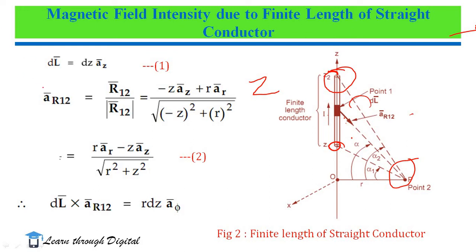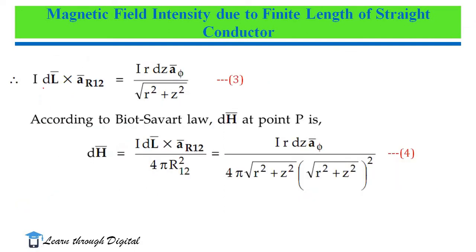According to the Biot-Savart law, we obtain dH vector is equal to I dl vector cross aR vector by 4 pi r squared, which is equal to I R dz a phi by 4 pi times root of r squared plus z squared the whole squared into root of r squared plus z squared. This expression up to this point is the same as what we discussed in the earlier case.